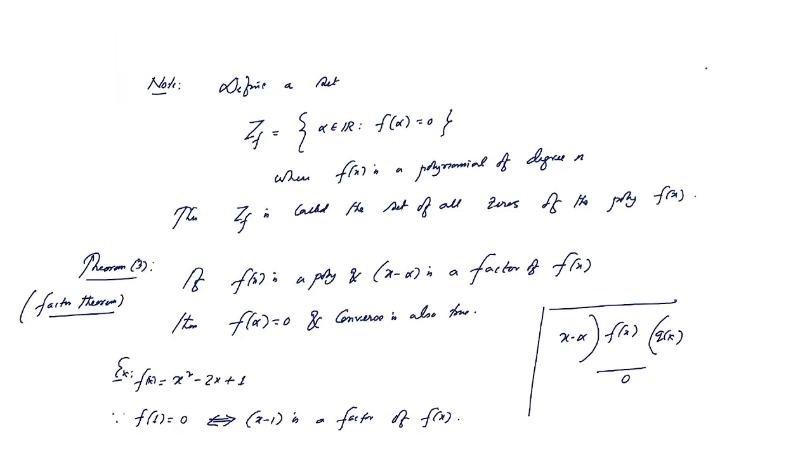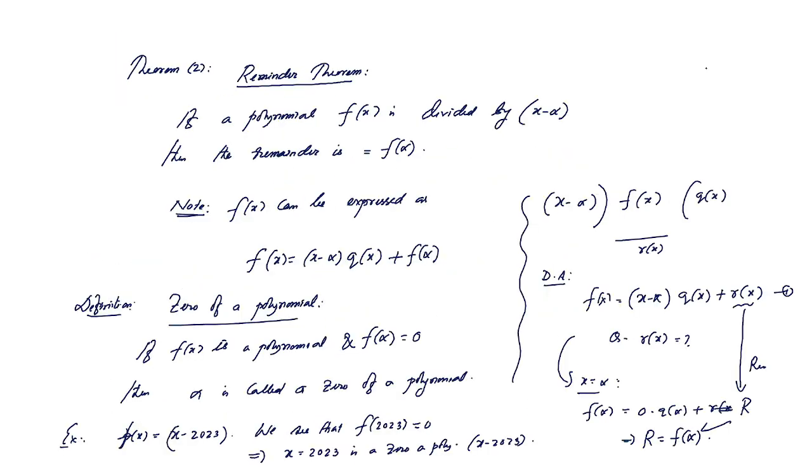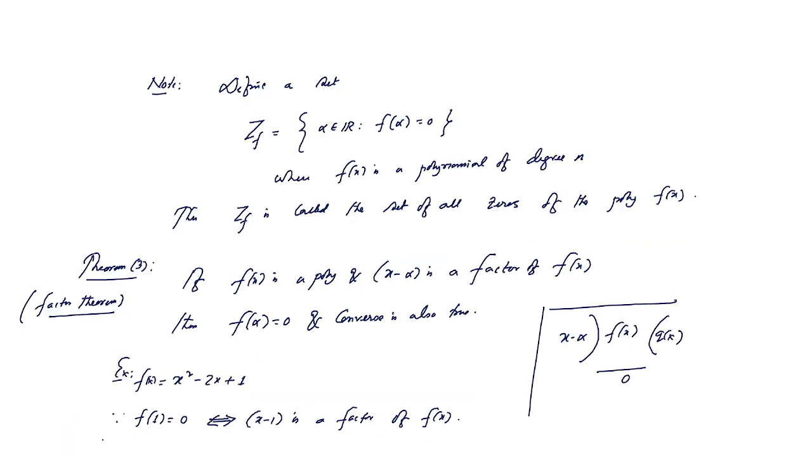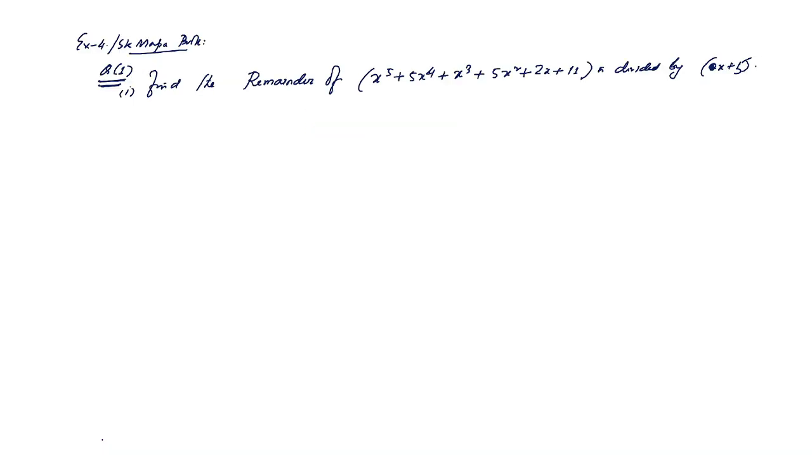Now what exactly is said in the remainder theorem? In the remainder theorem, if it is divided by x minus alpha, then the remainder is f(alpha). Just you see here. So now we come to the problem and its solution. What is our f(x)?